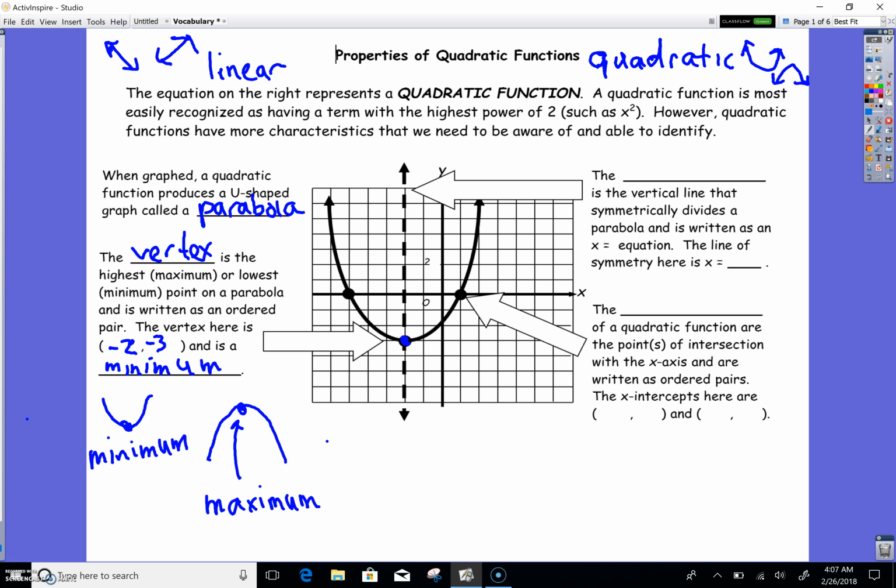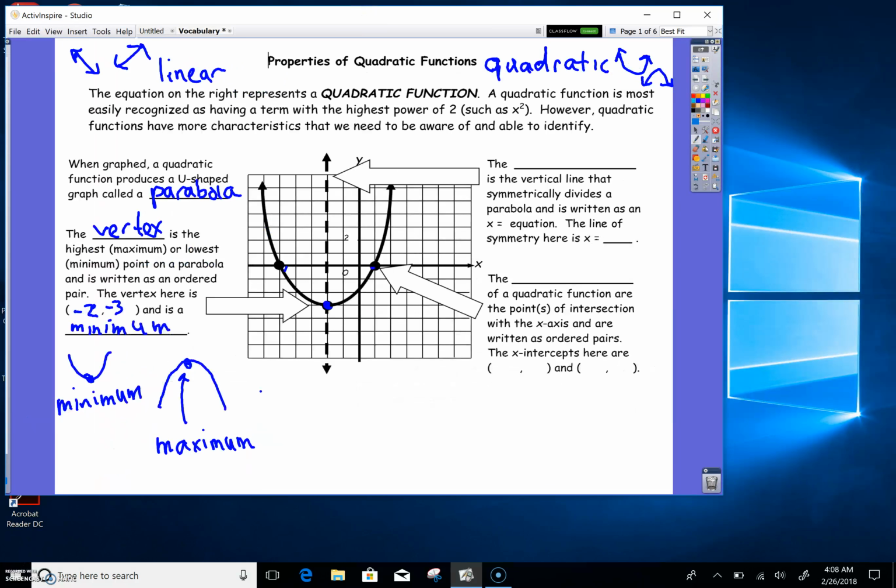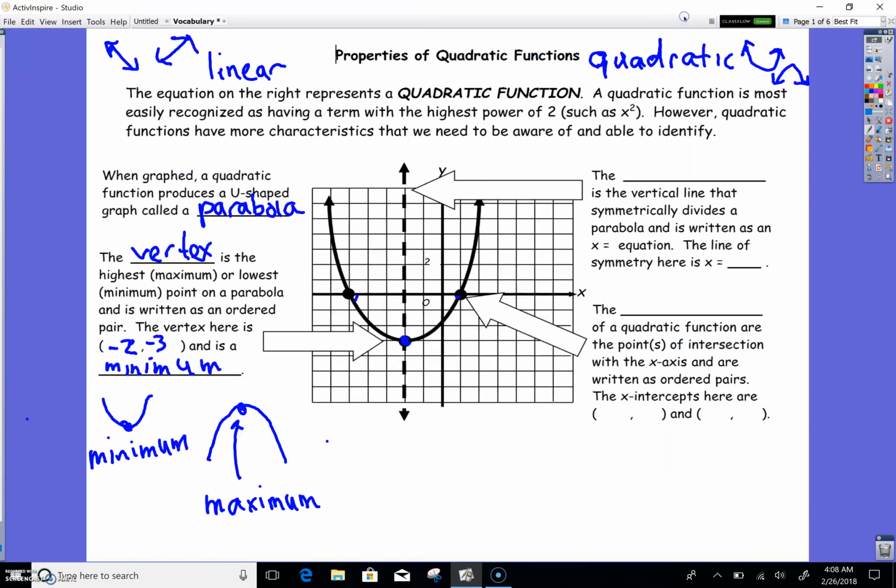Now the parabola also has a line that cuts it right down the middle. That means this is the same distance from each side. This is called the axis of symmetry, or the line of symmetry.